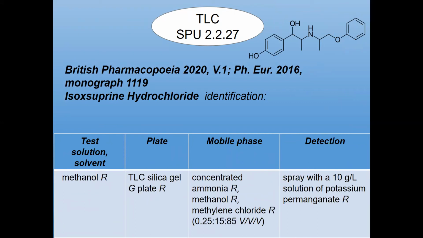Thin layer chromatography, isoxsuprine hydrochloride identification. Test solution: methanol. Plate: silica gel. Mobile phase: concentrated ammonia, methanol, methylene chloride. Detection: spray with a solution of potassium permanganate.